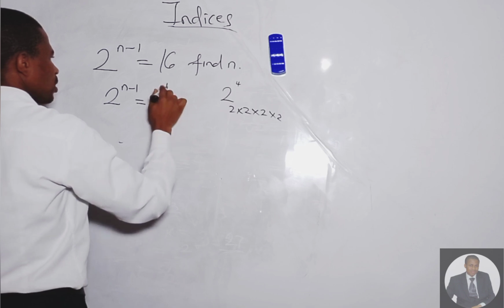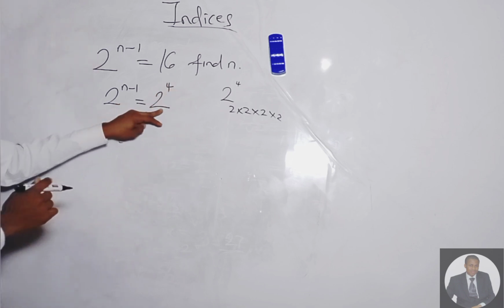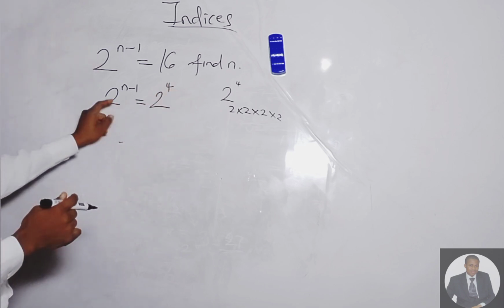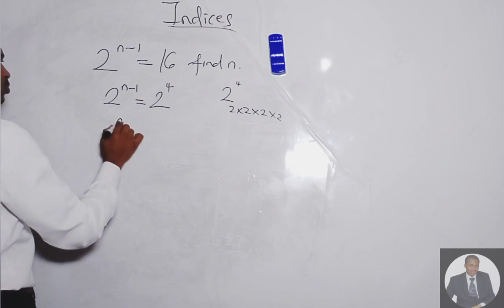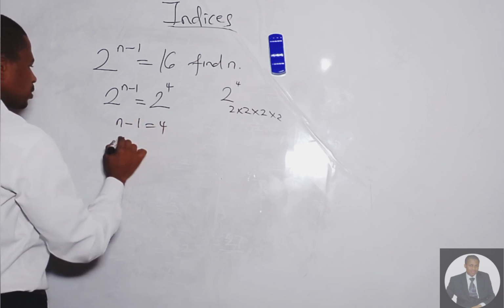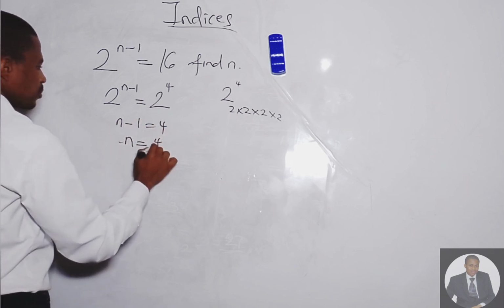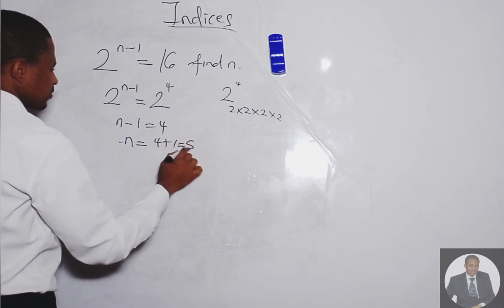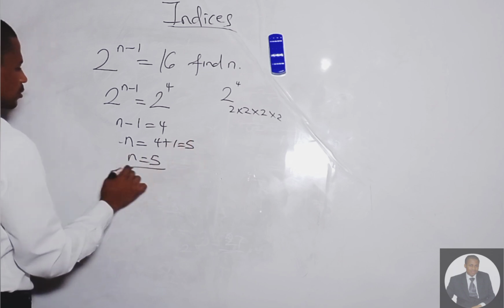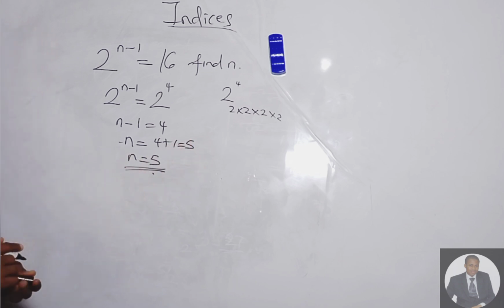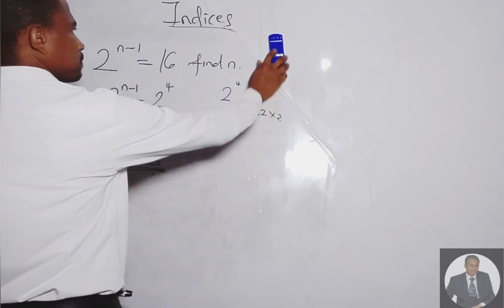That's 2 raised to the power 4. Now, if the bases are the same, then the exponents will be the same. Then we have n minus 1 equals 4. n equals 4 plus 1, which is 5. n equals 5 in this case.